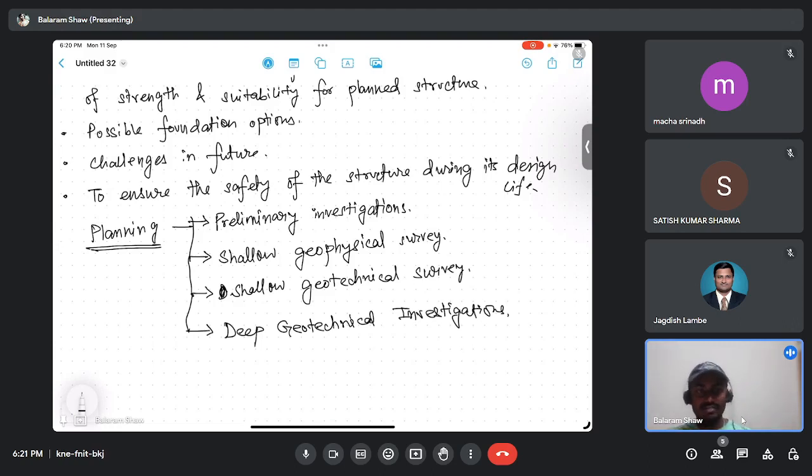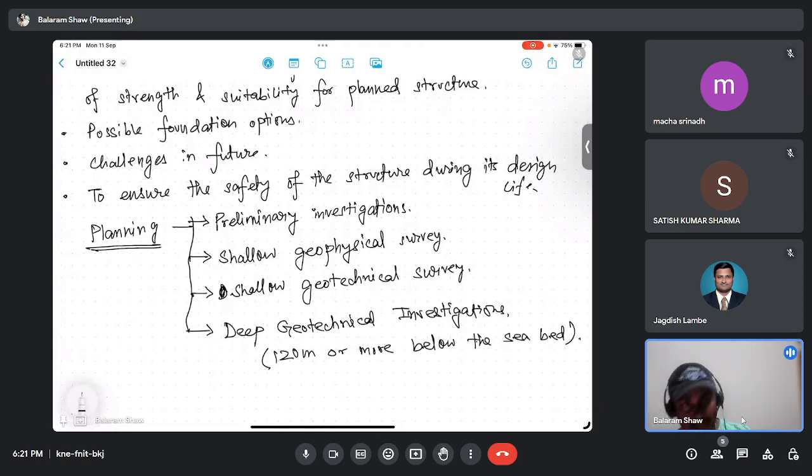Mostly the same kind of tests are used in the offshore environment too. It will consist of in situ investigations as well as sampling from larger depth. As we have seen in the last questions, it can be 120 meter or more below the seabed. I'll write 120 meter or more below the seabed.